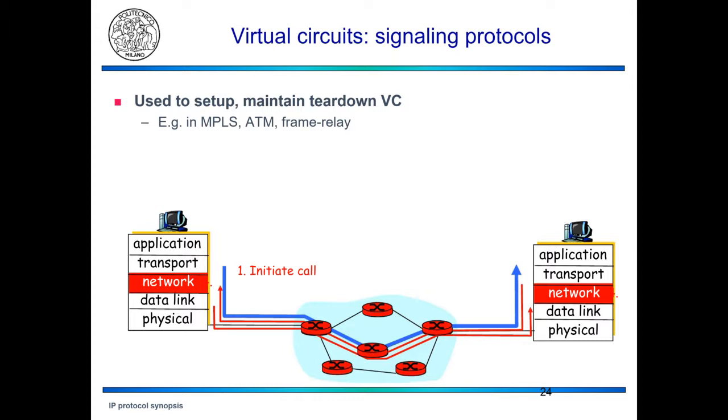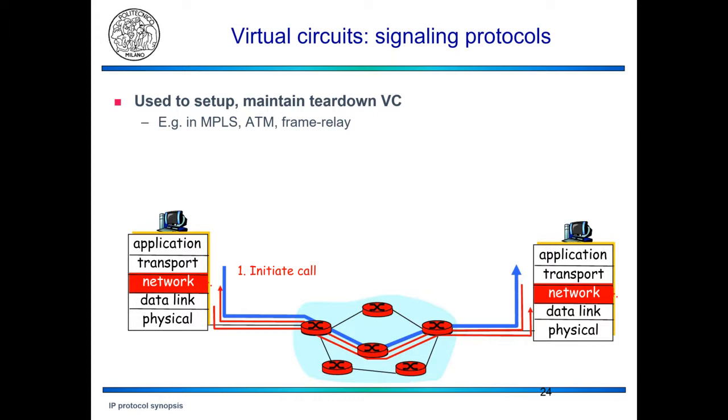Okay. So call initiation is the instruction that starts the setup phase, and you see the red long arrow in the bottom represents the first sending of control messages from the source to the destination in order to initiate the call.